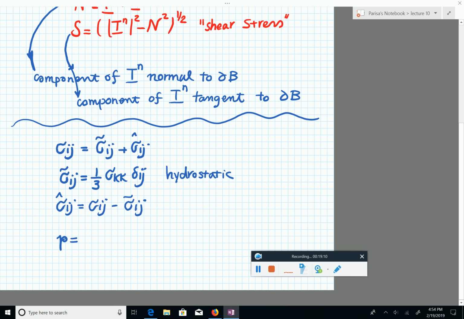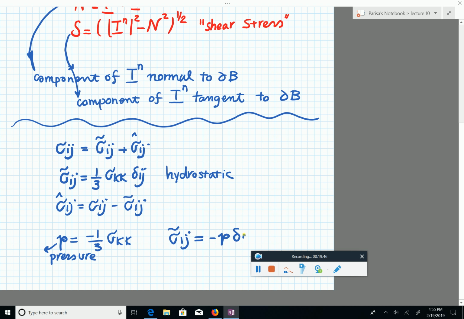A definition that is useful in a lot of applications is this notion of pressure. I'm sure you have seen this before. And that is basically minus 1 over 3 sigma kk, so that we can write the hydrostatic stress in terms of pressure.